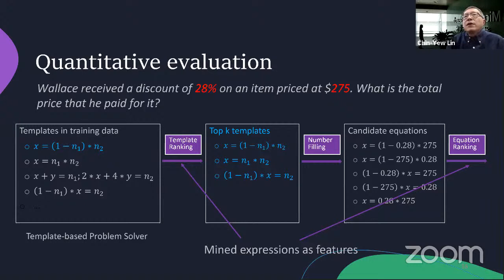So we can score not only at the word level but also at the phrase level, with a corresponding math construct on the other side. Then we can use this as a feature for template ranking, using the same SVM ranking algorithm, and also on the answer equation ranking side.